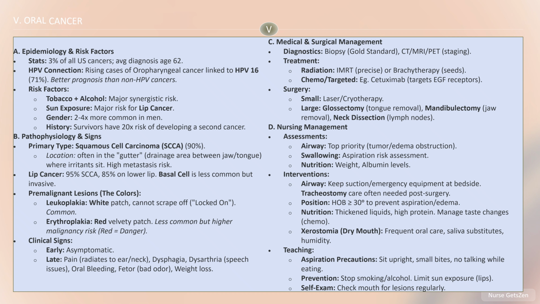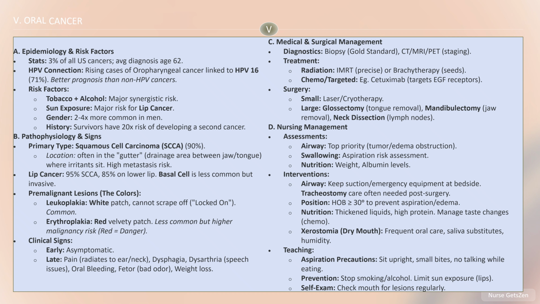The HPV, the Human Papillomavirus: the incidence of oropharyngeal cancer is rising, with up to 71% of new cases linked to HPV, especially HPV 16.